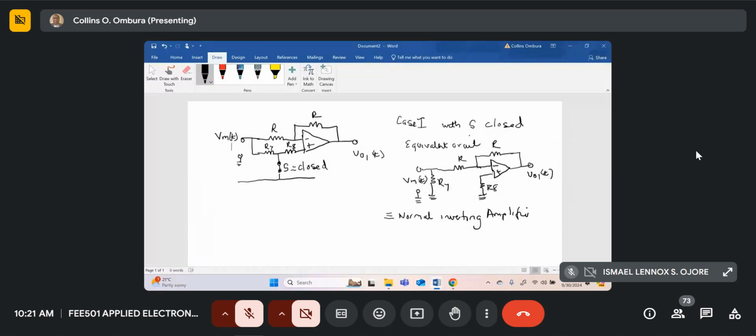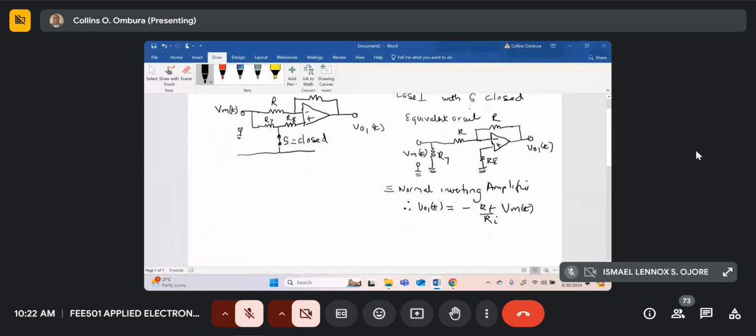Therefore, we can just say that V01 would just be in general minus R feedback over R input into Vm of t. But what is our feedback resistance? Its value is R. What's the input resistance?